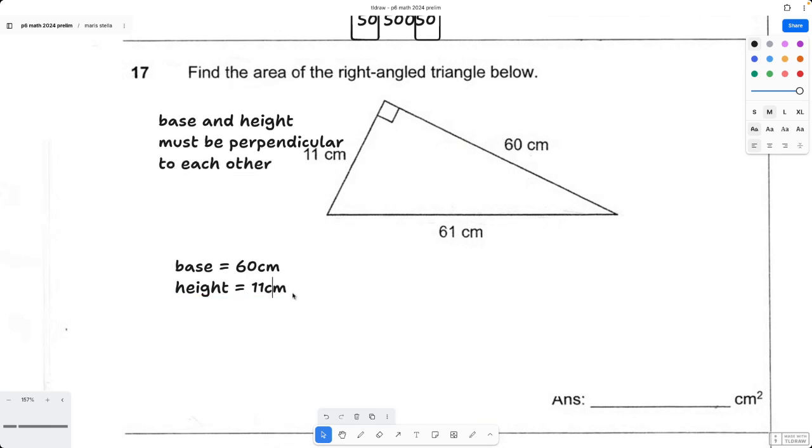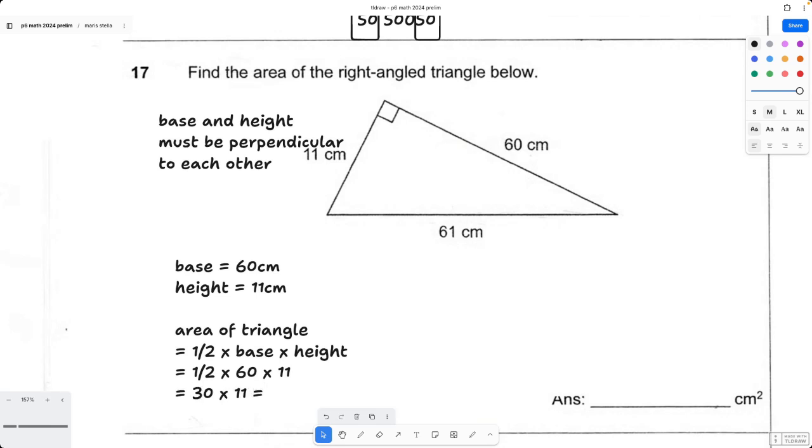So the area of a triangle is equal to half times base times height, which is half times 60 times 11. Half times 60 is 30, times 11, which is 330 centimeter square. There you go. So that's the answer, 330.